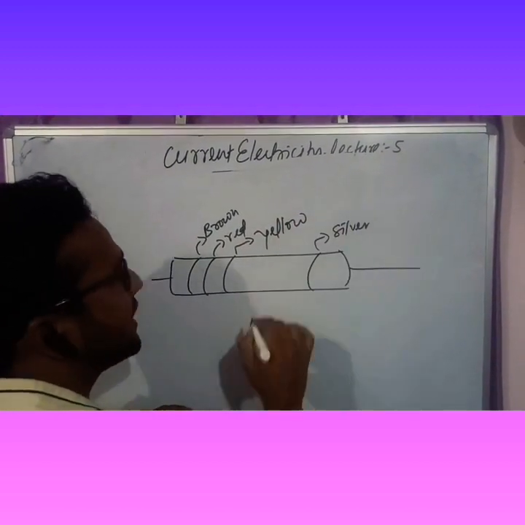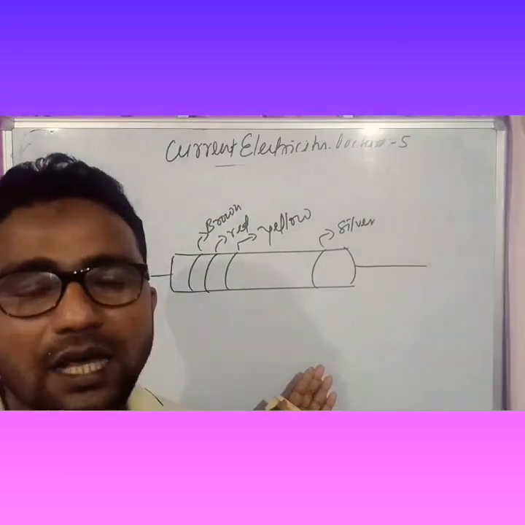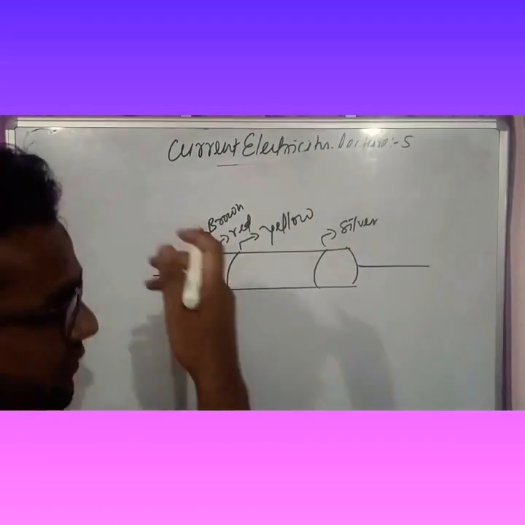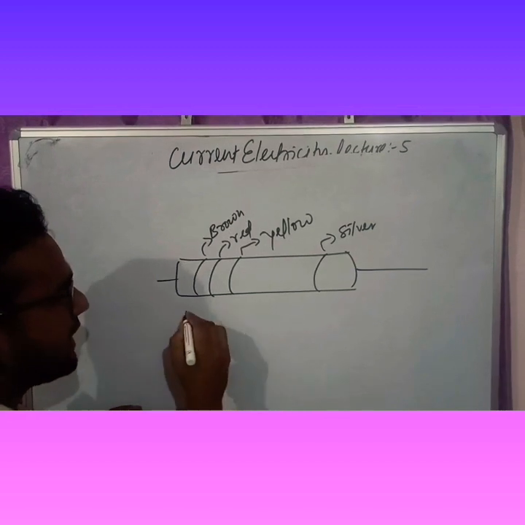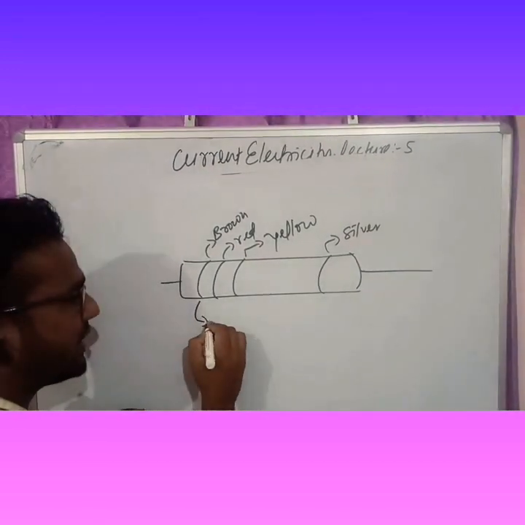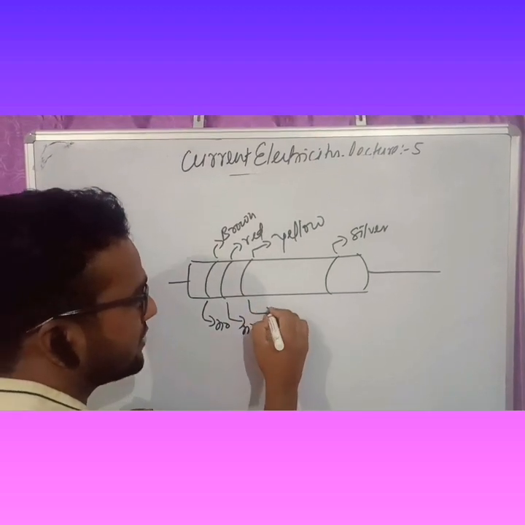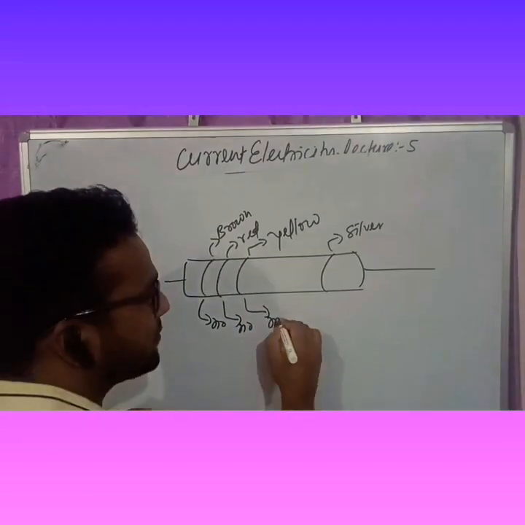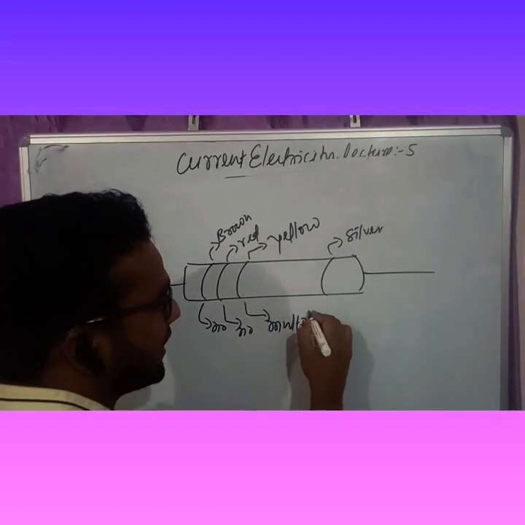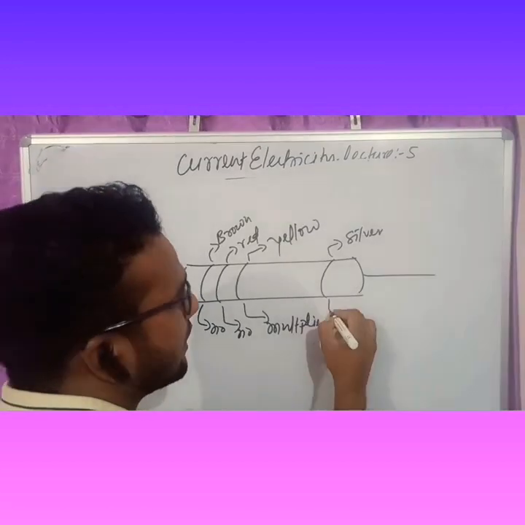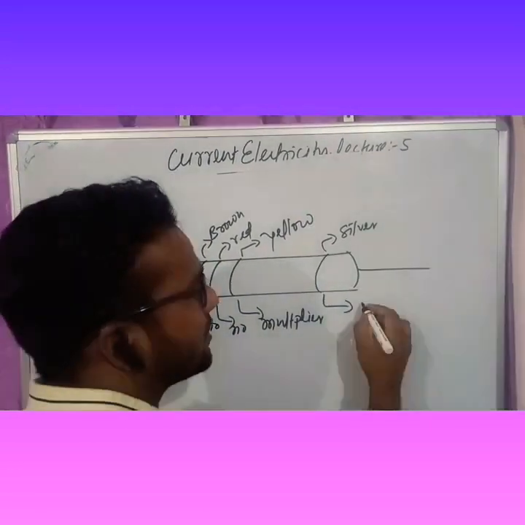Then how can we write the value of this carbon resistor? In writing, first we have to write the numbers, then for this band we have to write the multiplier, and this will be the tolerance.